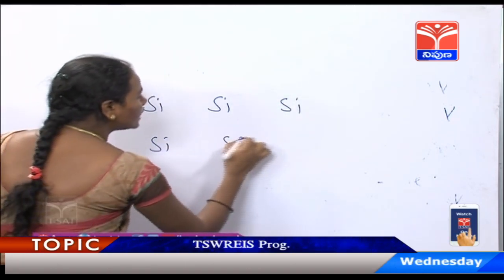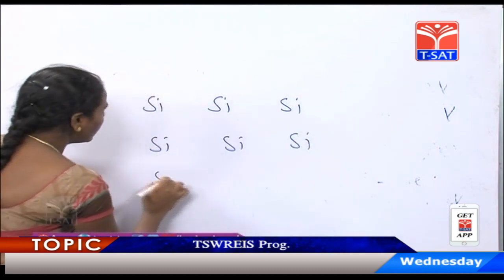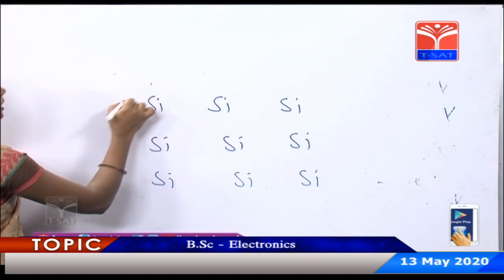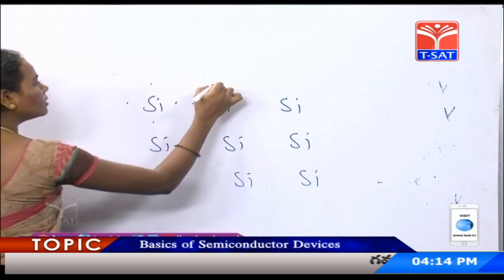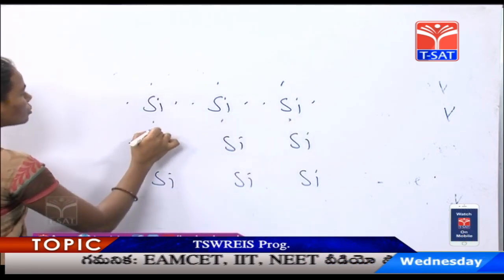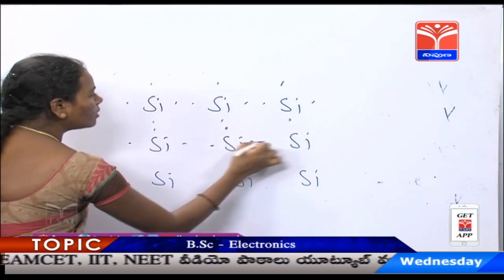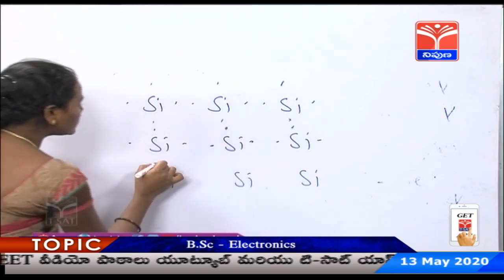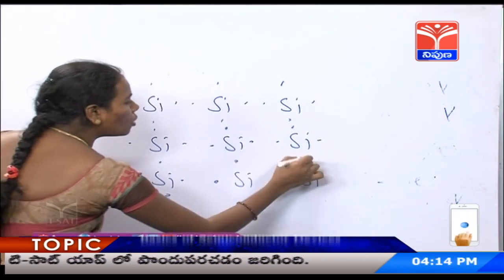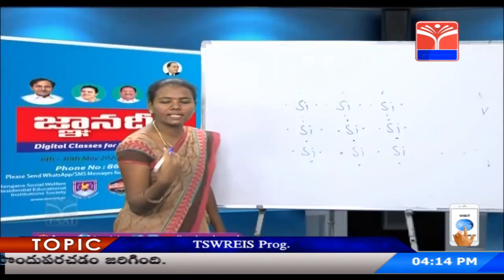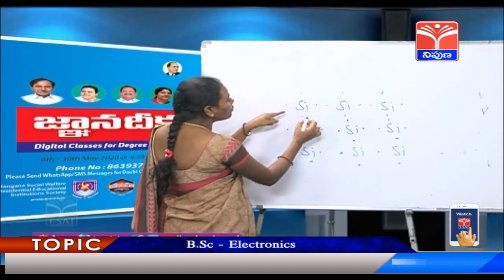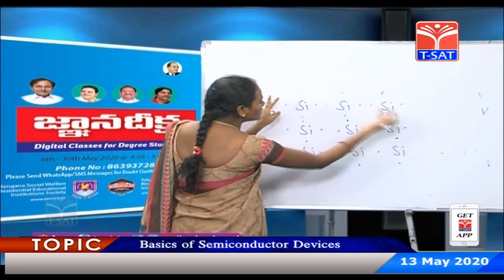Each silicon atom has 4 valency. To become stable, these silicon atoms will form covalent bonds with the adjacent silicon atoms. That means these 4 electrons will form covalent bonds with the adjacent silicon atoms.